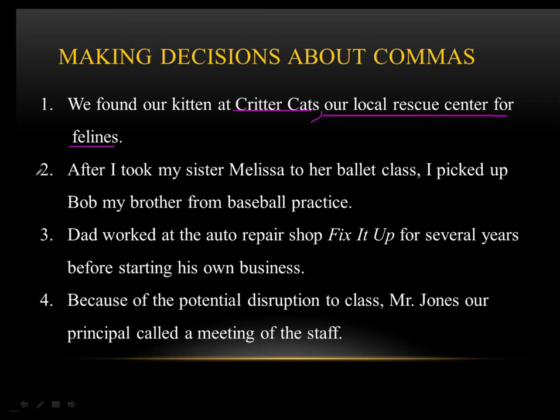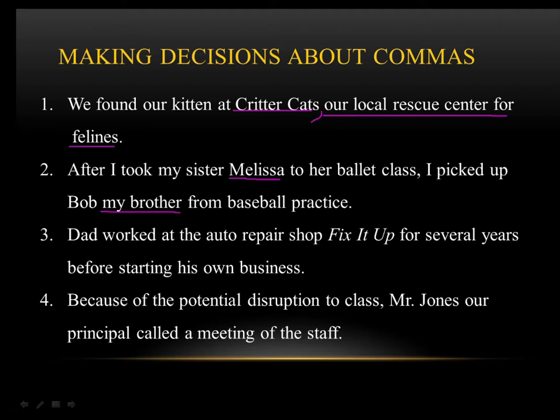Number 2, after I took my sister Melissa to her ballet class, I picked up Bob, my brother, from baseball practice. I see 2 of them here. I see Melissa is one appositive, and then I see my brother as another one. So let's do the first one.